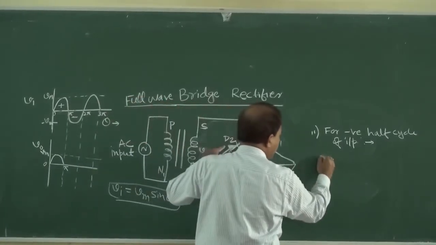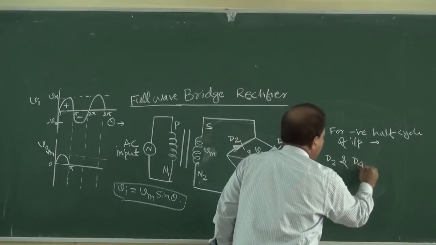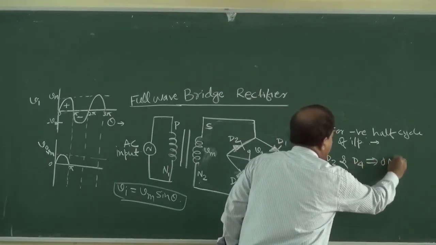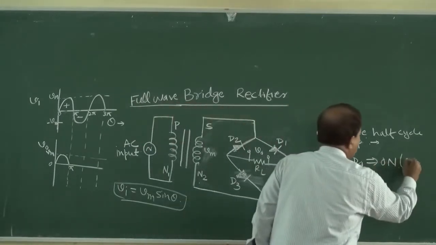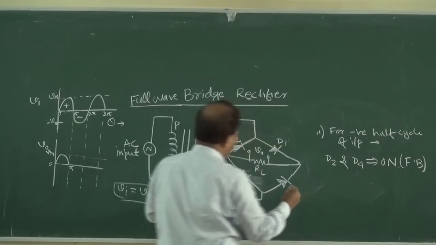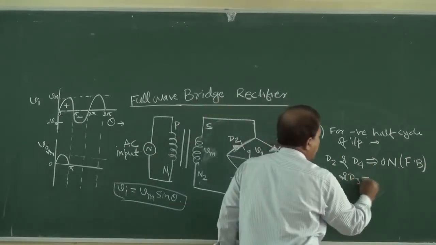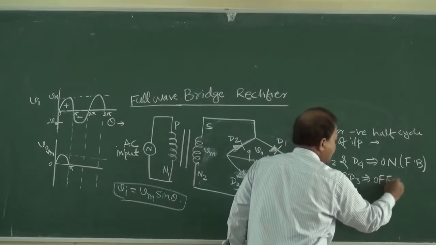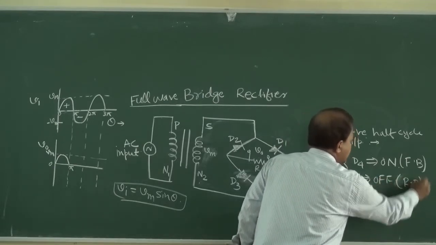Diode D2 and diode D4 will be in on condition, that is, forward bias condition. Similarly, diodes D1 and D3 will be in off condition, and these are in reverse bias.